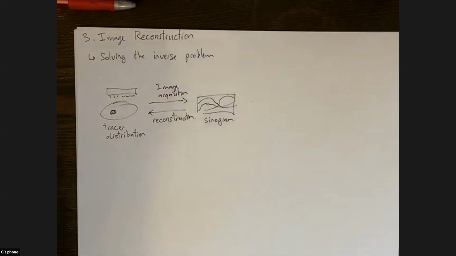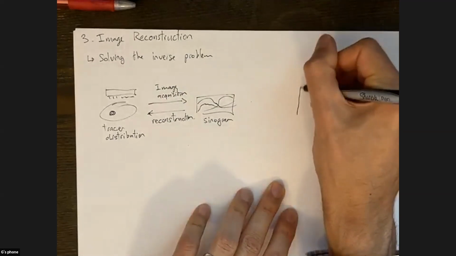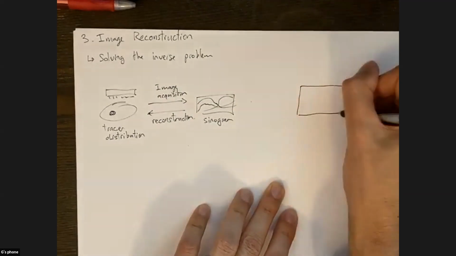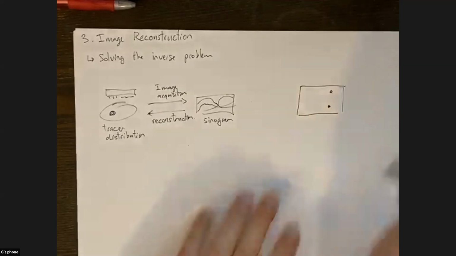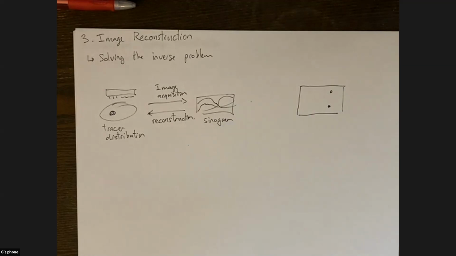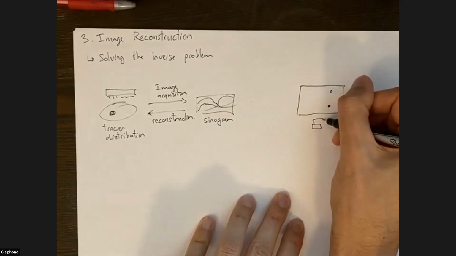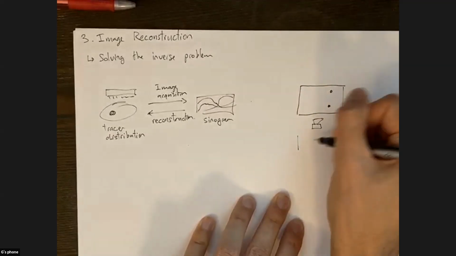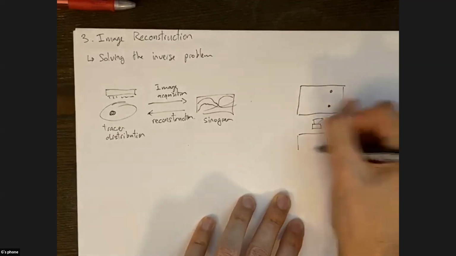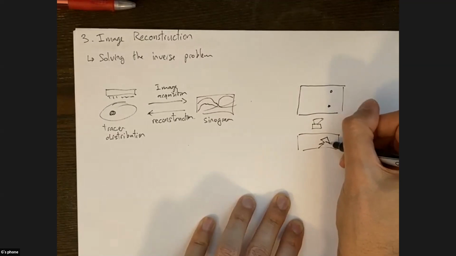Just to give a simple example of what we mean by reconstruction, this is an example from the literature. Picture that you're looking at a forest, and actually there are two trees. You're trying to map the forest by taking pictures of it. If you take a picture from this angle here, because the two trees are in the same line of sight, the picture is going to look like there's essentially a single tree.